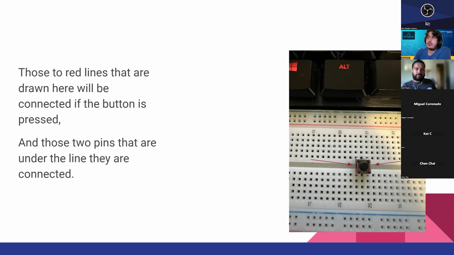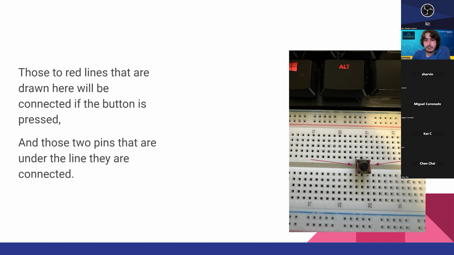But then in order to give power to this rail, we need to connect the wire again to have the same amount of voltage here, right? But this is what the switch is going to do for us. So when we press it, this is going to get connected, right? So the red line is going to get connected to this. So there's going to be a four-way connection throughout the thing. So it's going to become one node basically.